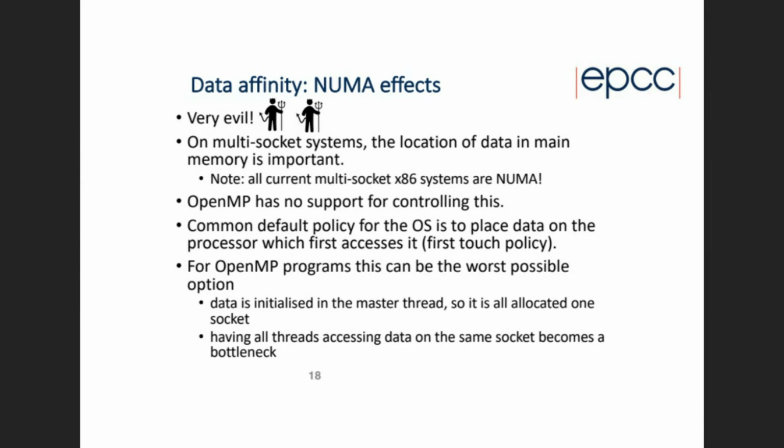Whichever core makes the first reference to that piece of memory in your program, that memory will get allocated in the block closest to that core. This is called the first touch policy.